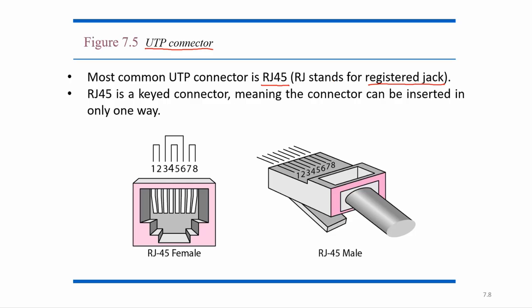RJ45 is a keyed connector. Keyed connector means the connector can be inserted in only one way. There are Type C cables, which we can insert in any direction. But RJ45 is a keyed connector, so it can be inserted only one way.